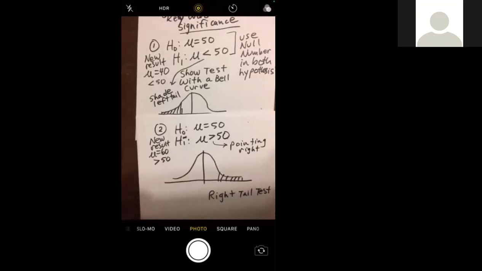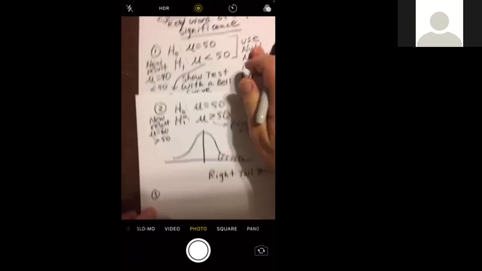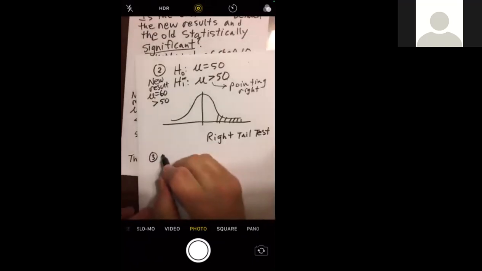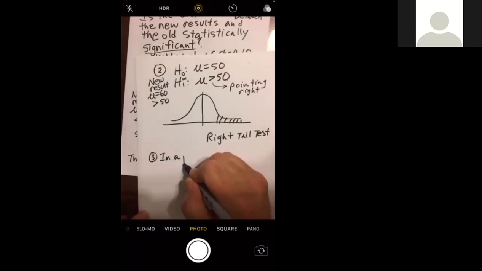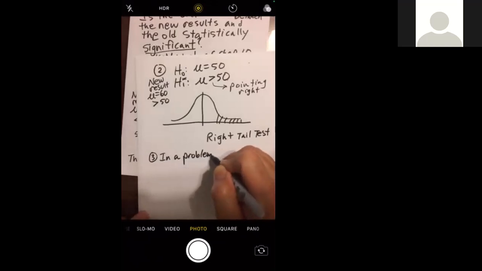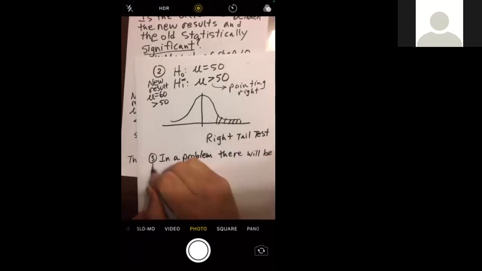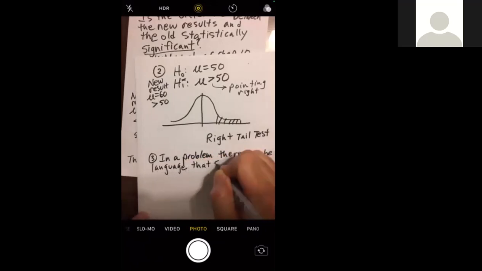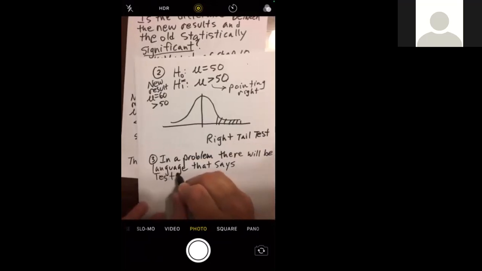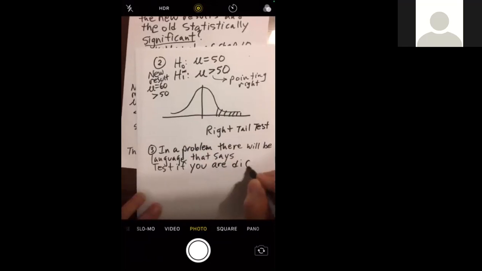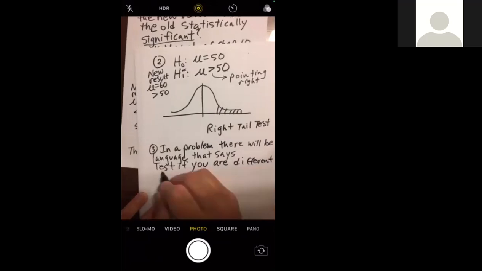Okay, well, we said there was 3 types of tests. The third type, there will be language in the problem. In a problem, there will be language that says something like test if you are different from 50.